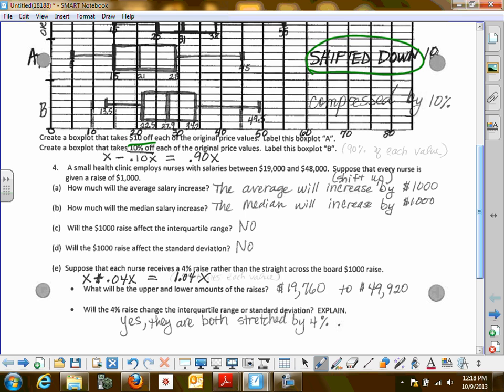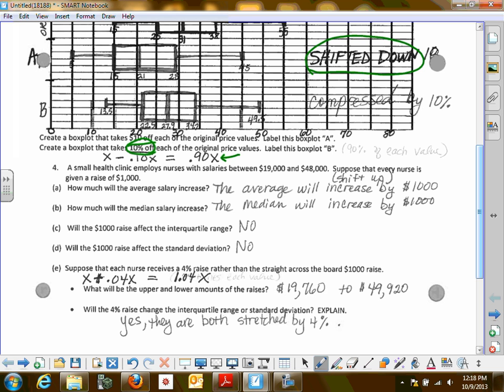All right, now look at this second box plot. 10% off of each of the original values. You need to think of 10% off means that every piece of data is 90% of its original. So every piece of data is a part of the original. It's 90% of the original.